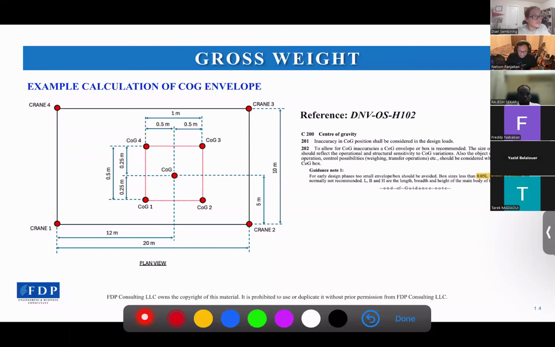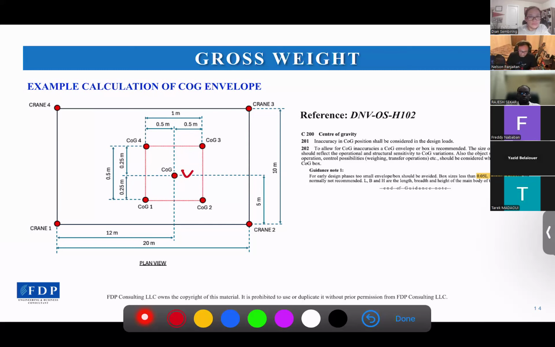So here is an example to calculate gross weight. Let's say we have a platform size 20 by 10 meters. The COG location is shown in the picture here.